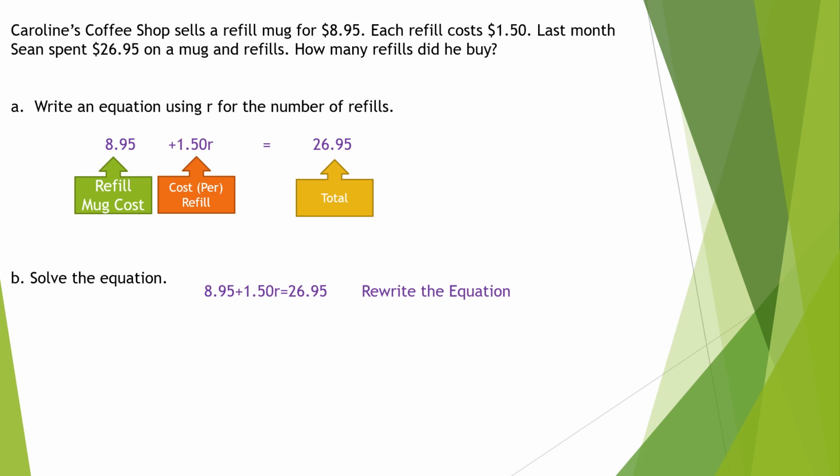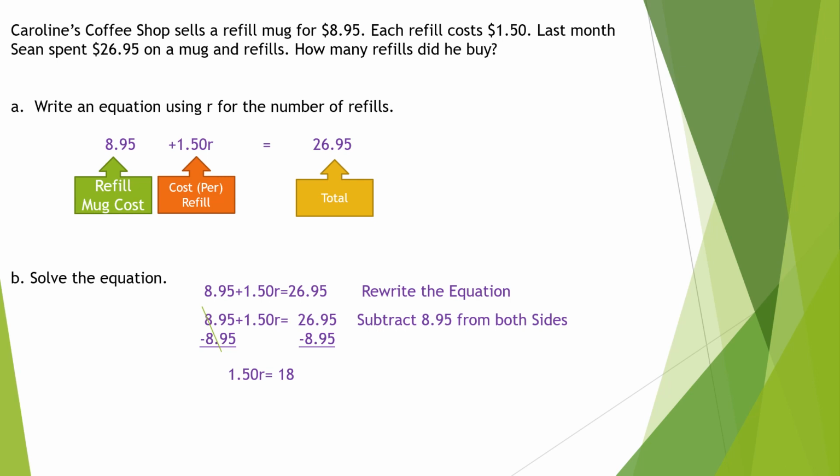So to solve the equation, we're going to rewrite it every time. We're going to look for something that's added or subtracted. In this case, it's the $8.95. So we're going to subtract $8.95 from both sides. On the left, it does form that zero pair. We're just left with $1.50 times R. And then $26.95 minus $8.95 is $18.